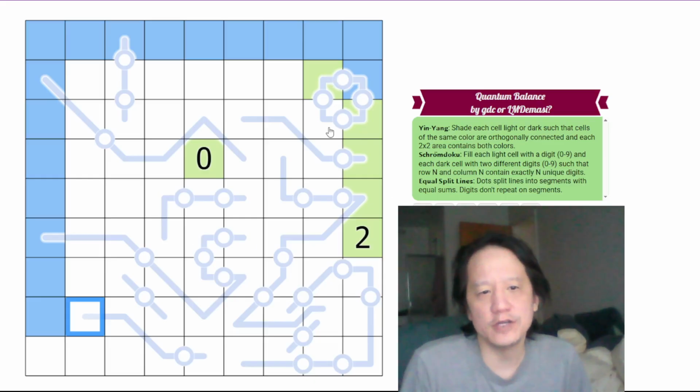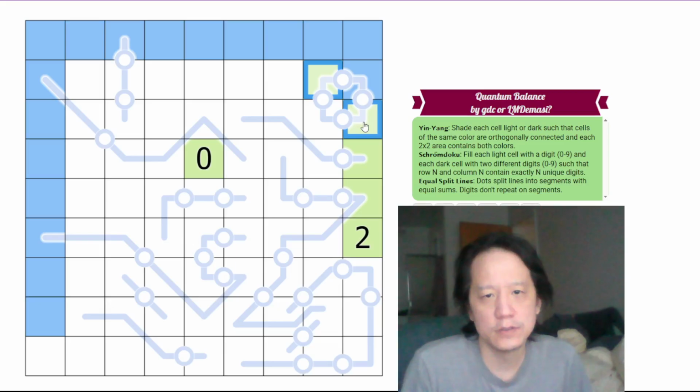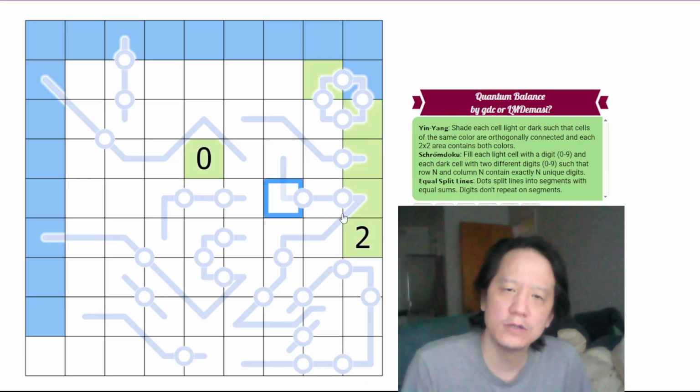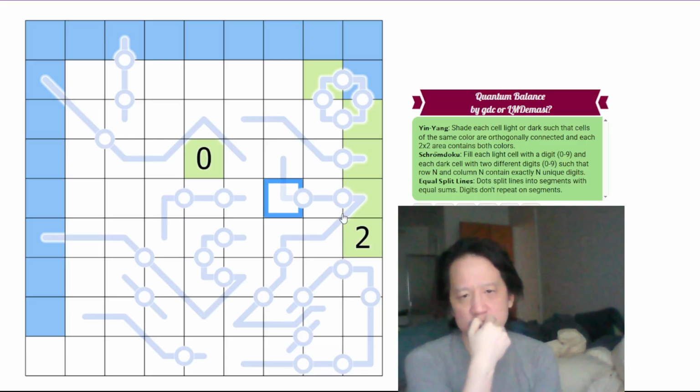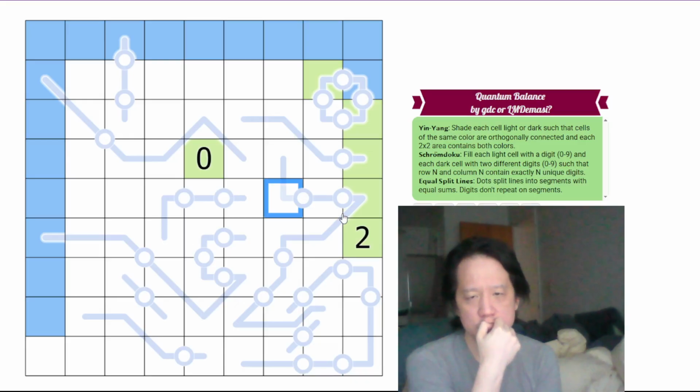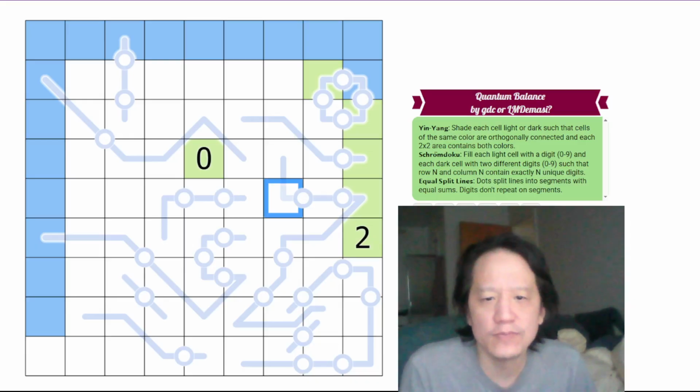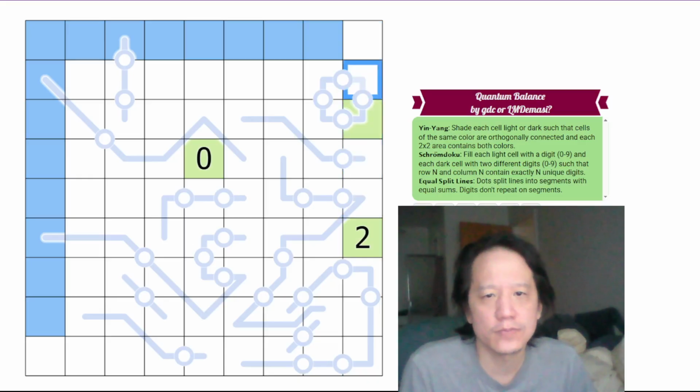So another thing about yin-yang shading is that if you have 2 of the same color in one region, wait, that's not gonna work. Huh. That's problematic. We know one of these has to be a blue.